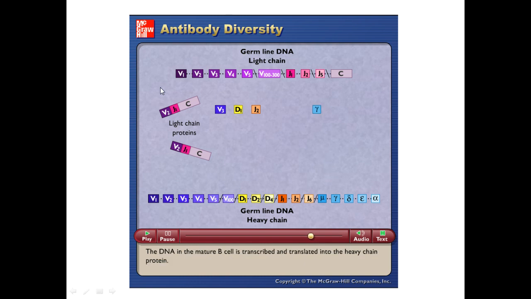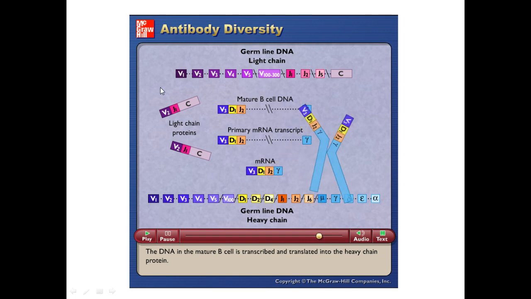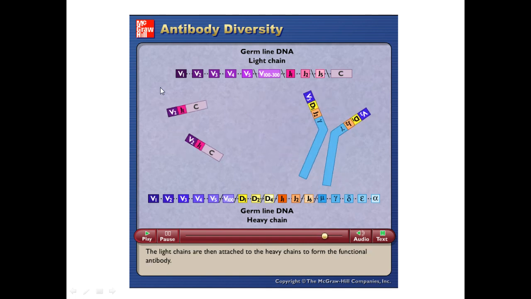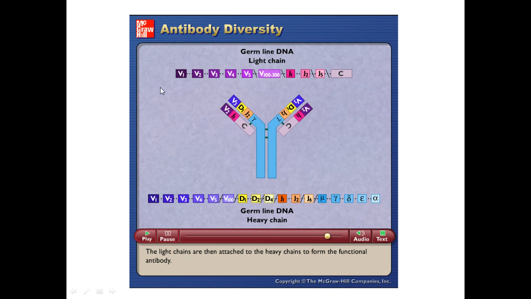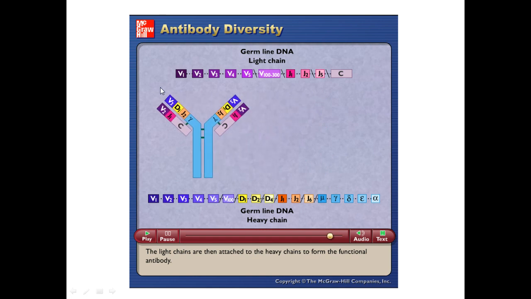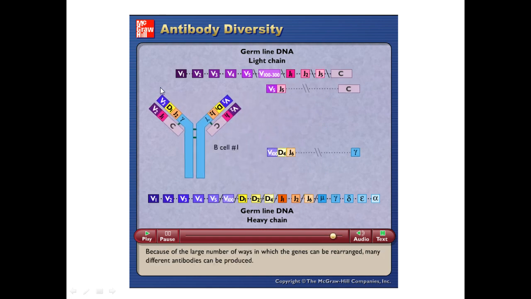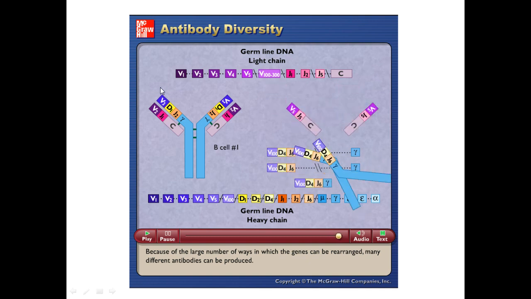The DNA in the mature B cell is transcribed and translated into the heavy chain protein. The light chains are then attached to the heavy chains to form the functional antibody. Because of the large number of ways in which the genes can be rearranged, many different antibodies can be produced.